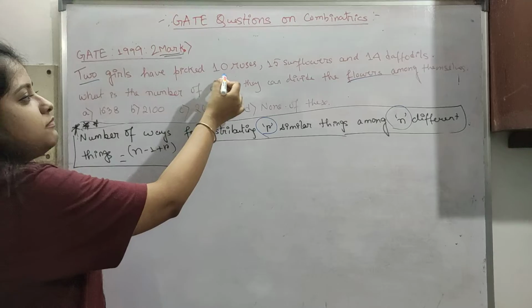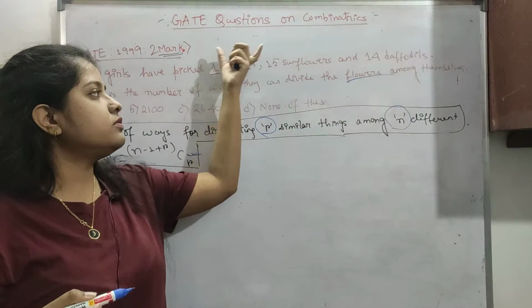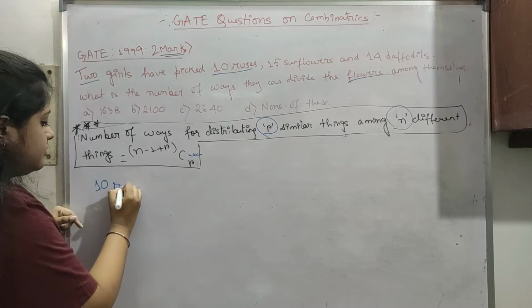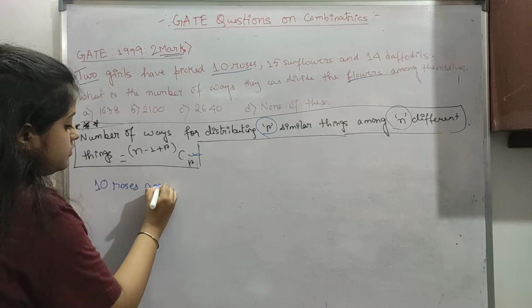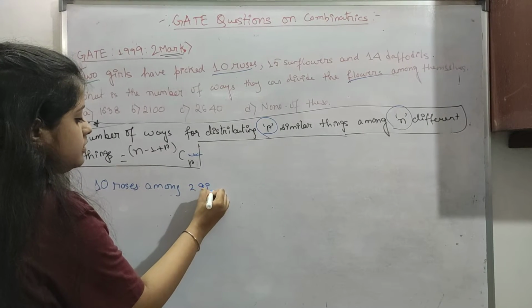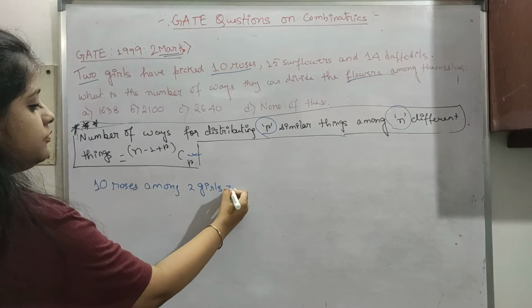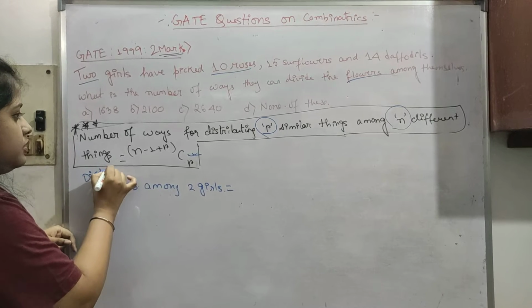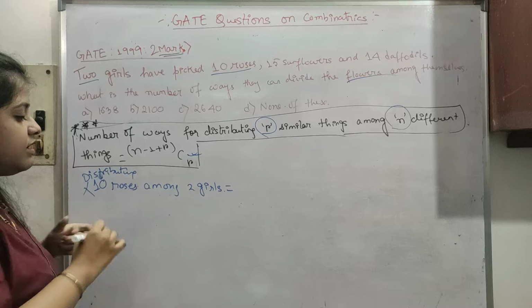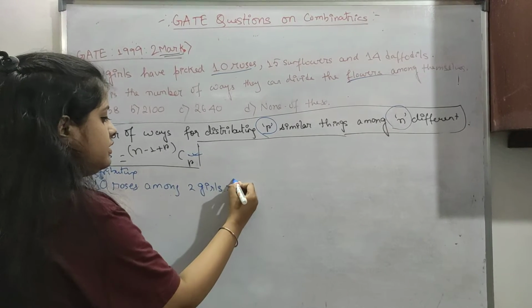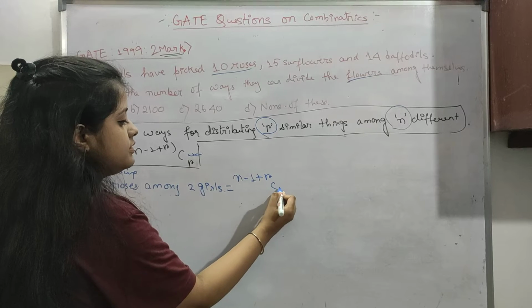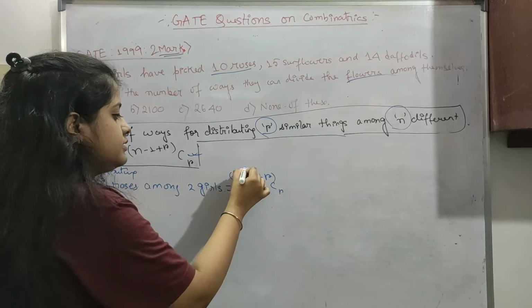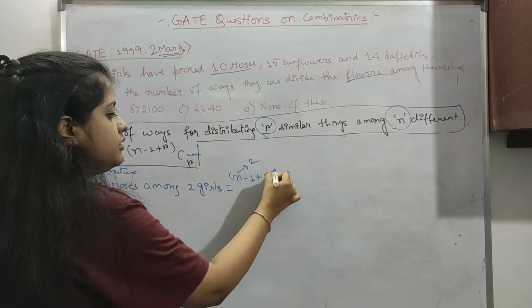Here 2 girls have picked 10 roses, 15 sunflowers and 14 daffodils, so let's do it one by one. First, distributing 10 roses among 2 girls. Applying the formula n minus 1 plus r C r, n is the number of different things, so 2 girls means n is 2, and r is 10 because there are 10 similar roses.